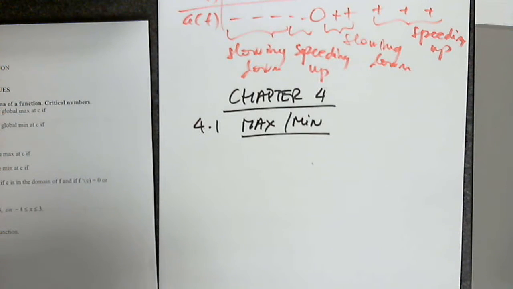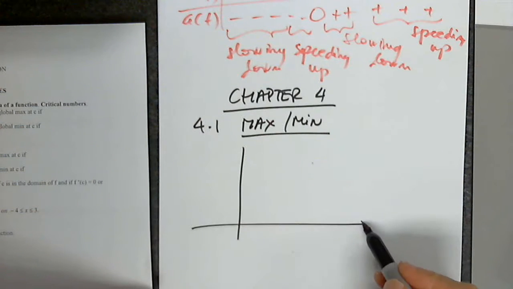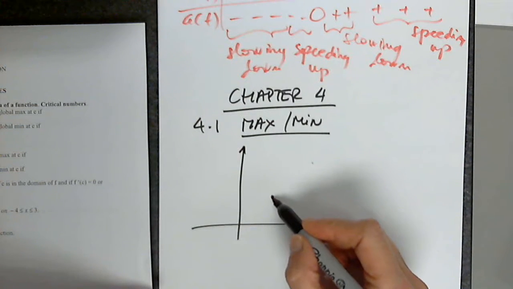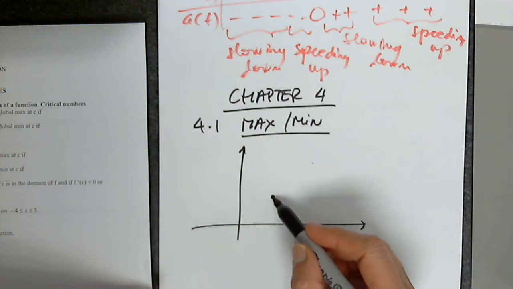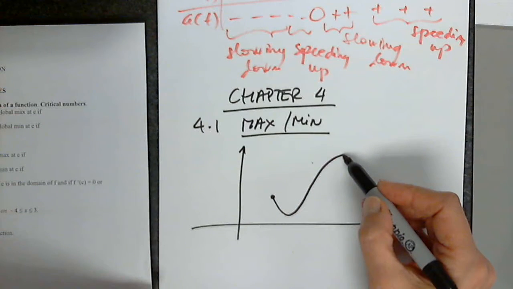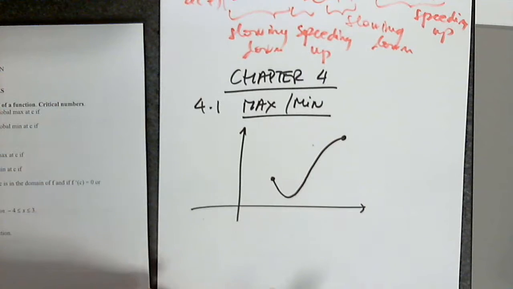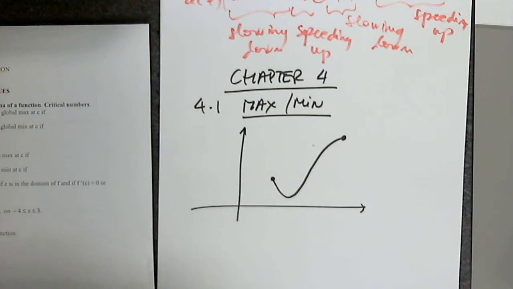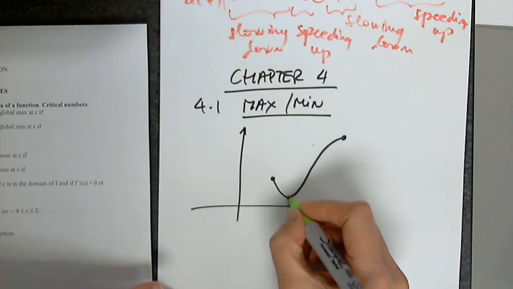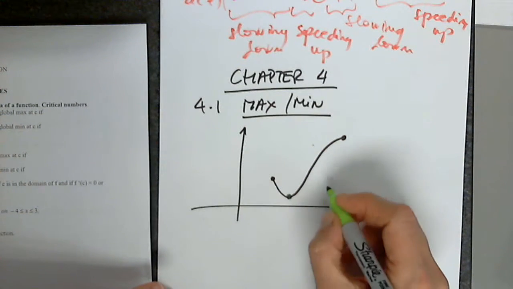So we want to find a max or a min. There are two different types of max and two different types of min. So for example, if I have a graph that starts here, and let's say it does this. For now, obviously this point here is the minimum.